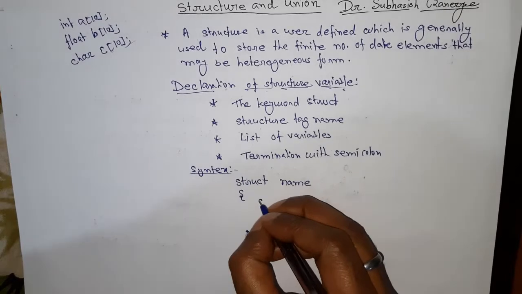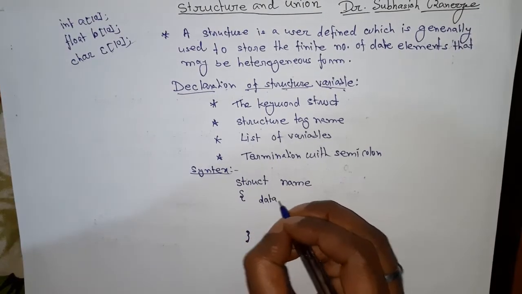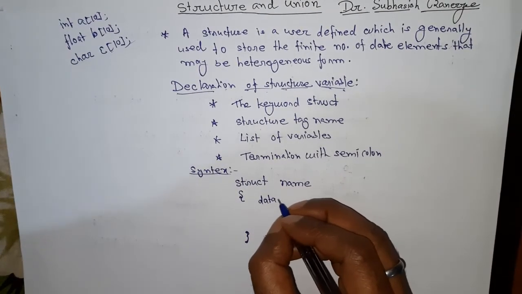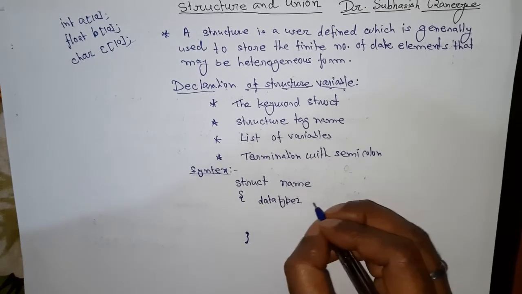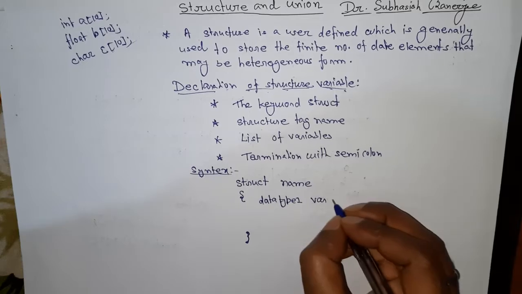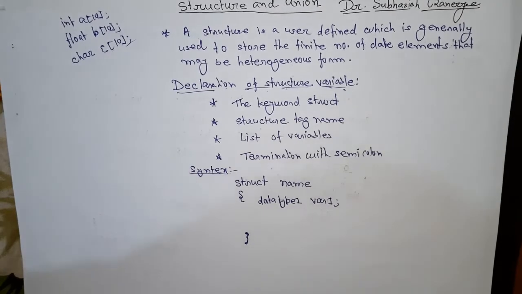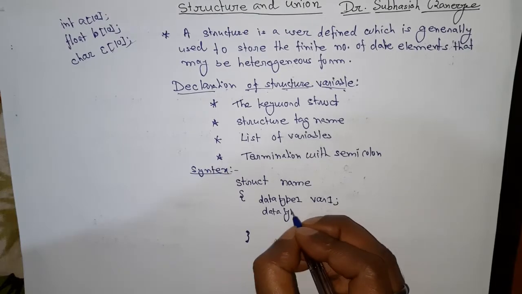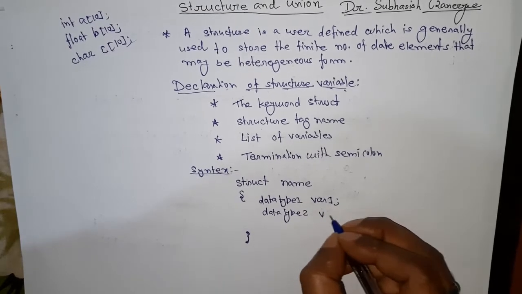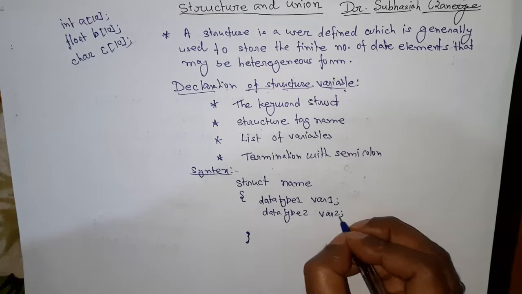So here we'll have to define the first data item we want to store. The first one will be data type 1 with some variable we want to store. For the next, data type 2, define another variable, let's say variable 2.